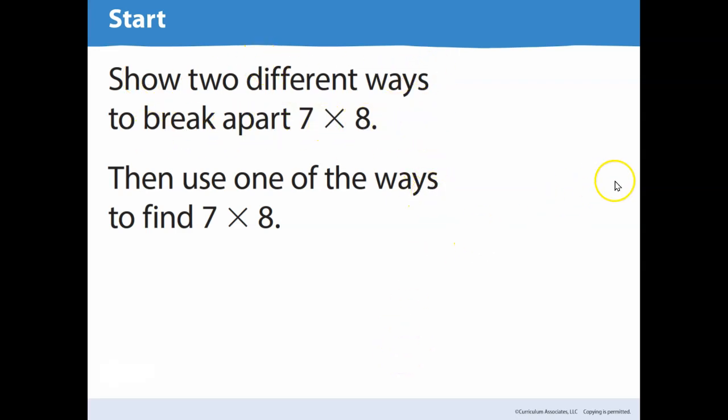7 times 8. Well, I could do this. I could break apart the 8, right?